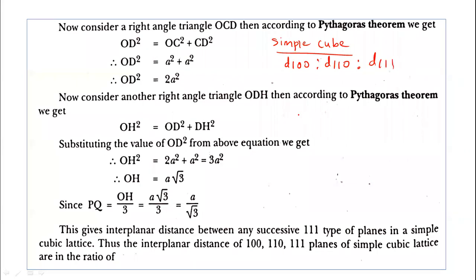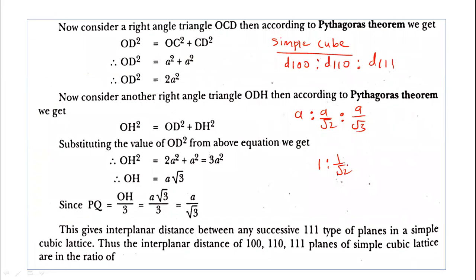D111, these three planes. D100 is A, D110 is A upon root 2, and D111 is A upon root 3. So this ratio is 1 to 1 upon root 2 to 1 upon root 3, because A is common.